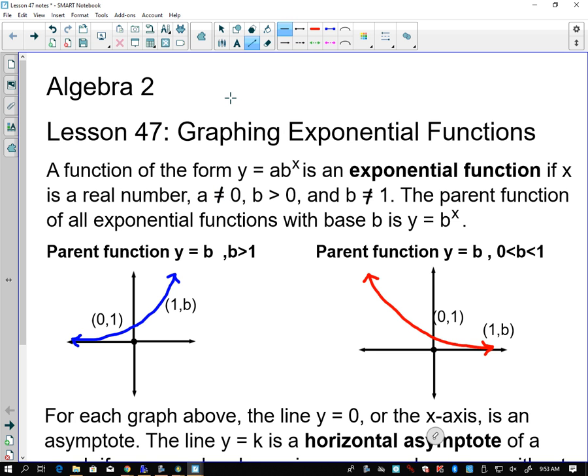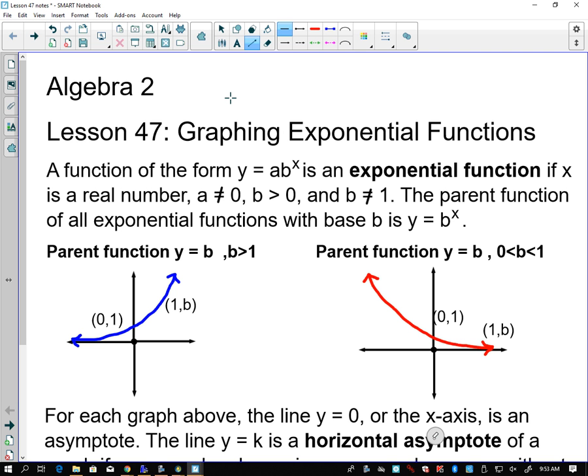A cannot equal 0, right? Because if a did equal 0, the whole thing would be 0. B has to be greater than 0, can't be equal to it either. But b can also not be equal to 1. And you'll see all this written out on page 337 in your book.